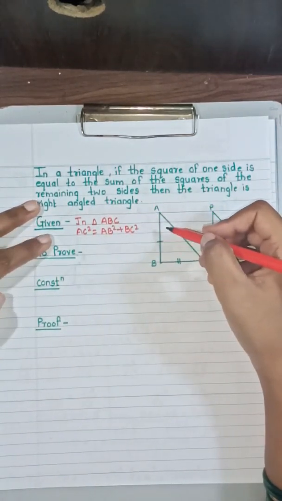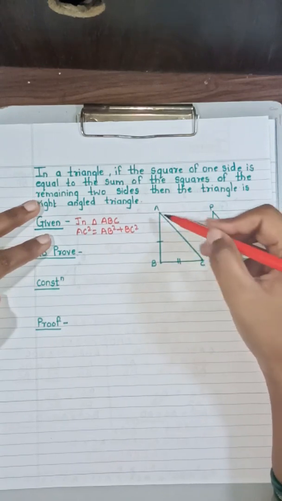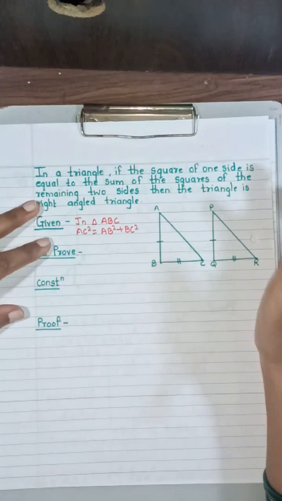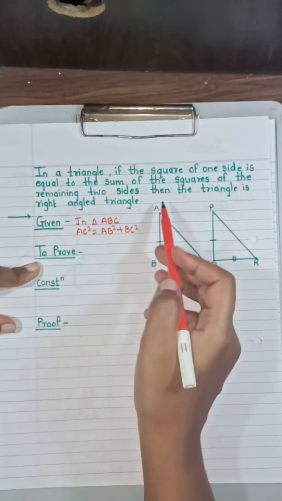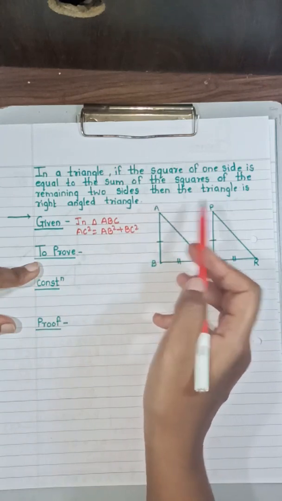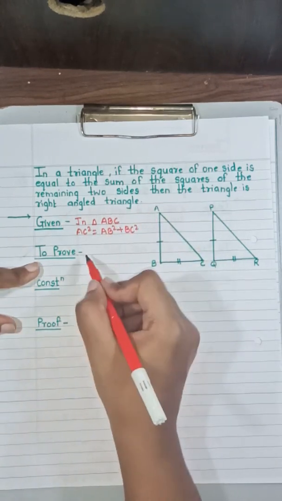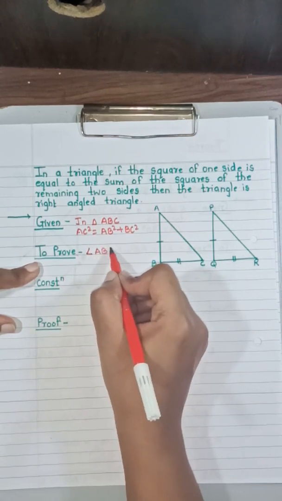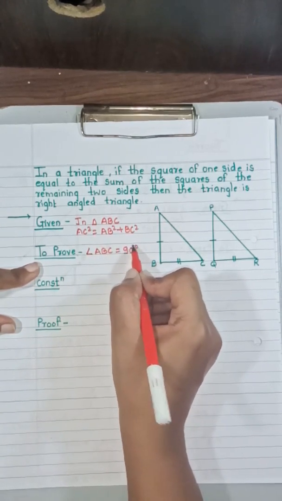It is given. Then what we have to prove is that the triangle is a right angle triangle, angle ABC is equal to 90 degrees.